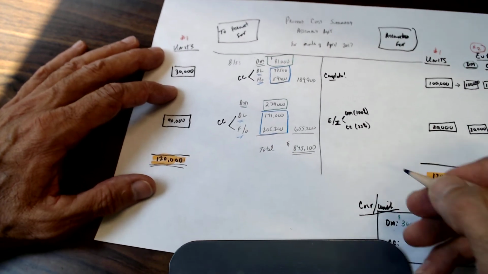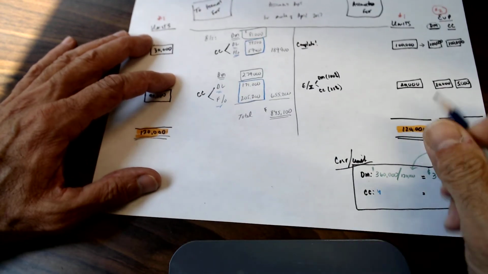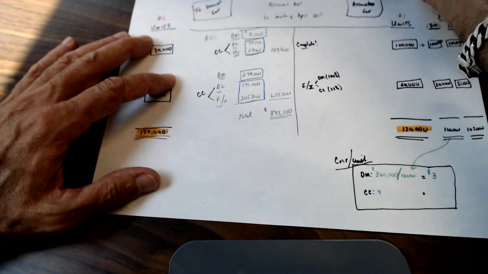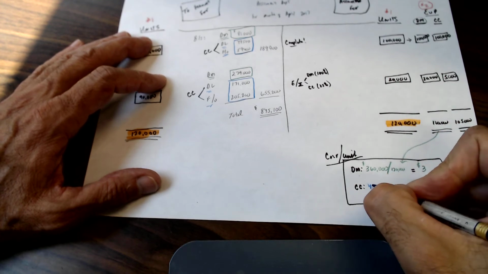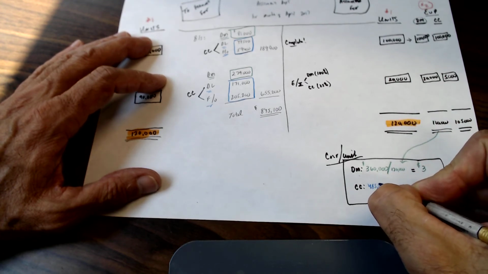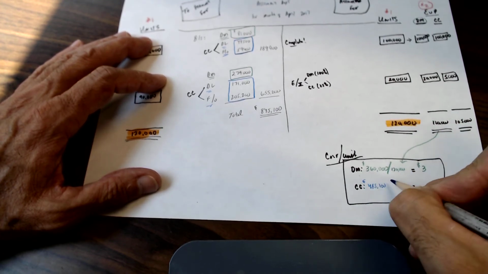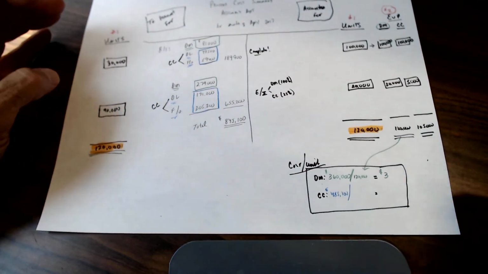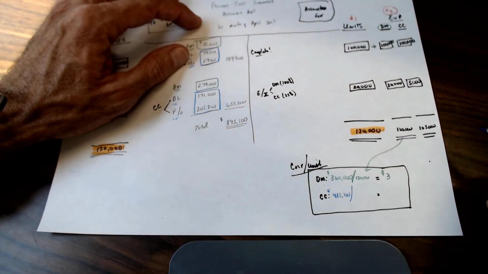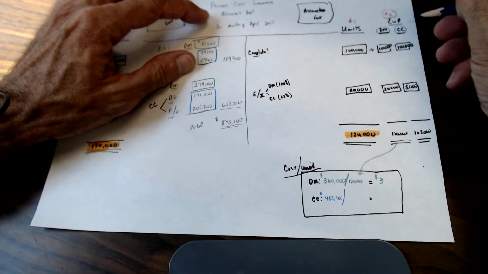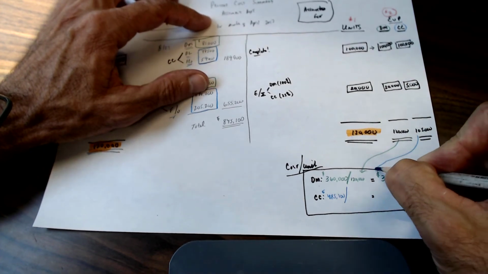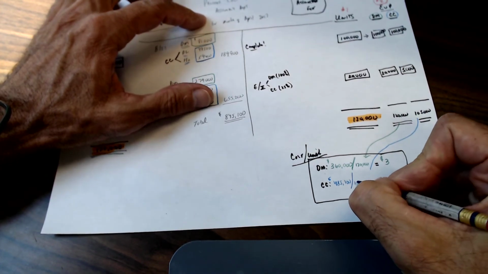They add up to be 485,100, and I want to divide it by the equivalent units of production for conversion costs, which was 105,000.